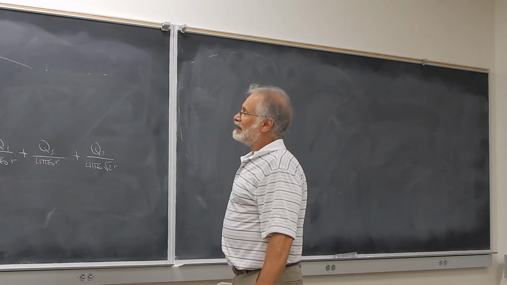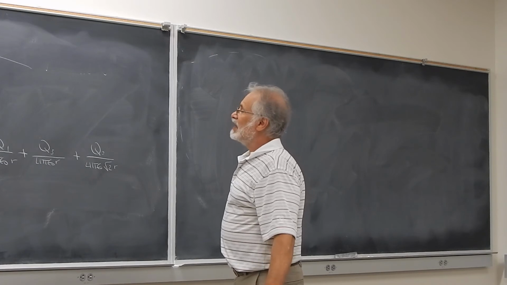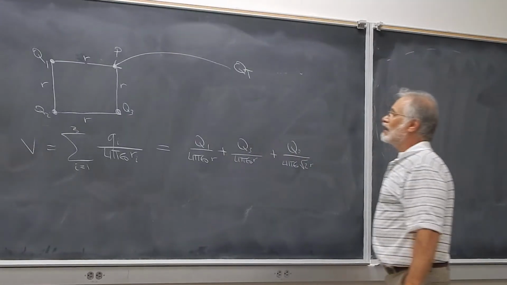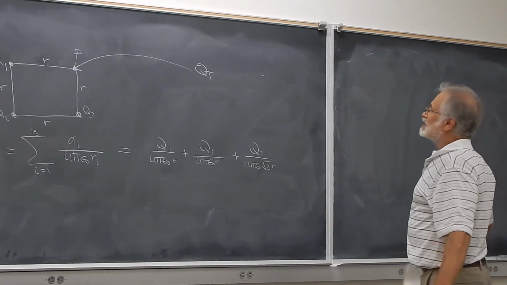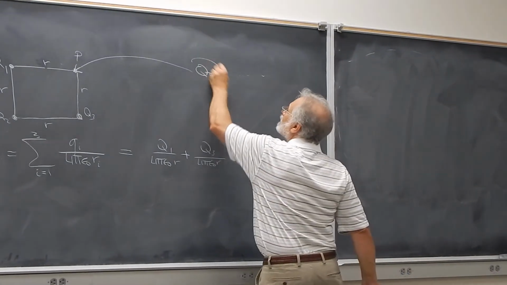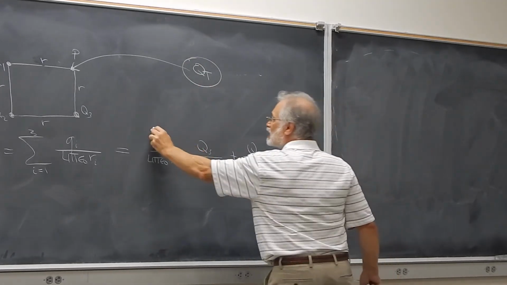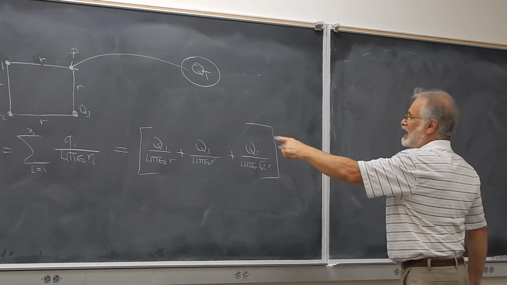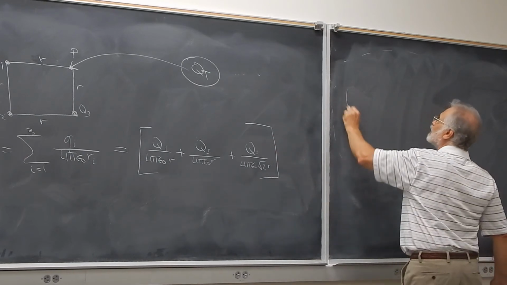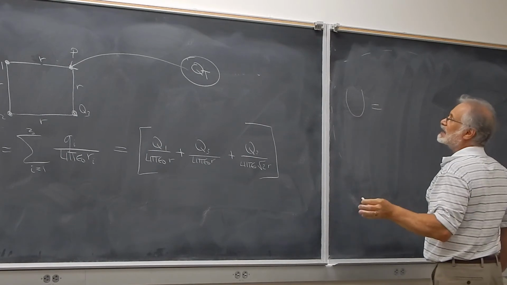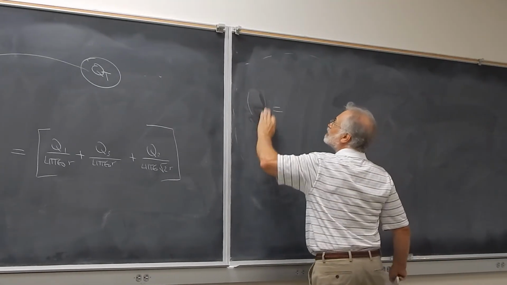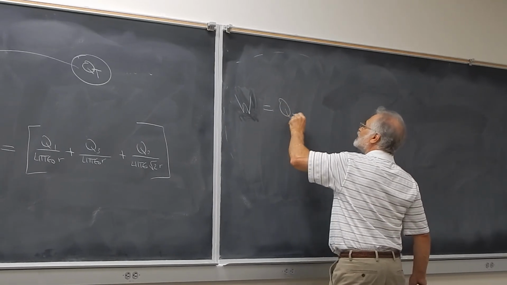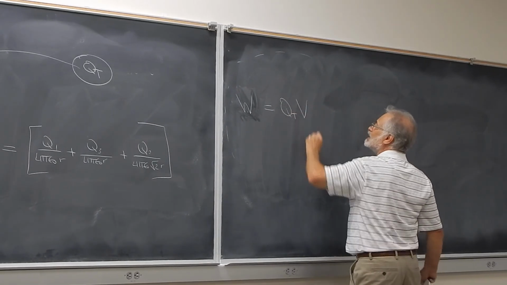Then the work I would have to do, very simply, suppose I have some, we'll call it Q test, it would be just that value times the potential of that charge distribution. The electrostatic work required, I should say, would be equal to Qt times the potential.